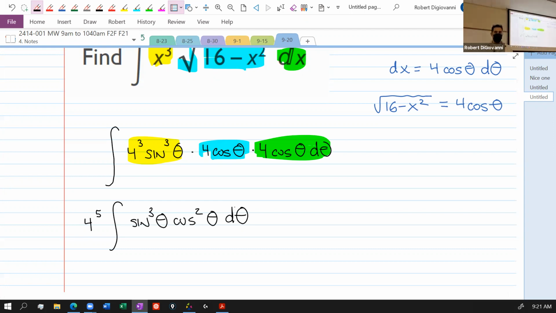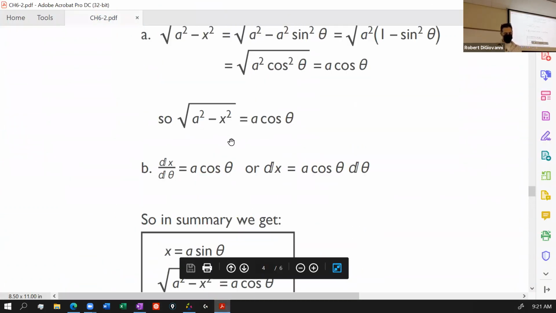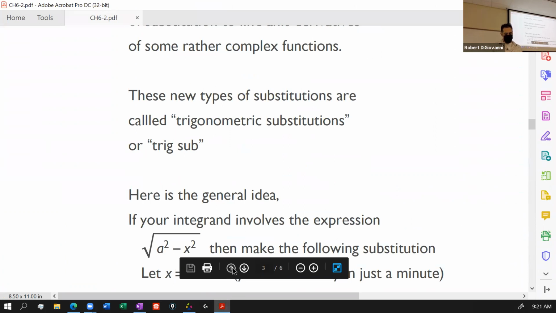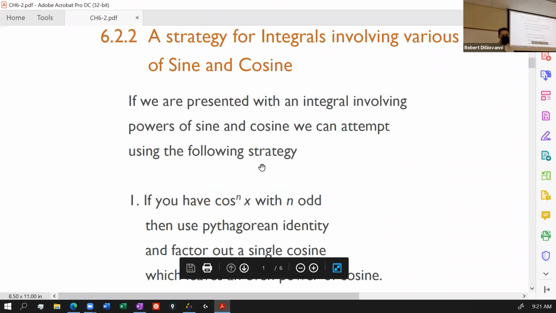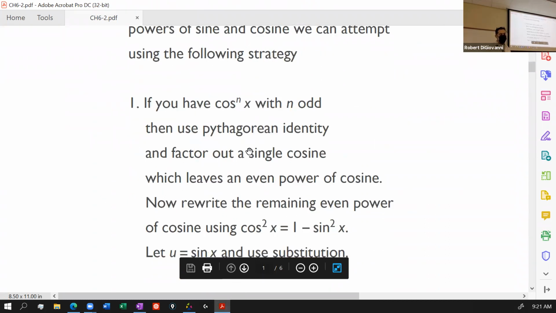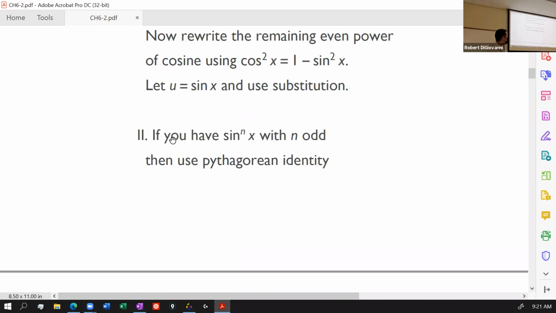learned last class, right? Because it's been a whole weekend, I'm going to go back to last class. And let me go a little faster here. Trig integrals involving sine and cosine. If you have cosine to the n with n being odd, do we have that? No, we had cosine squared, so we're not going to do that. If we have sine to the n with n being odd, do we have that?